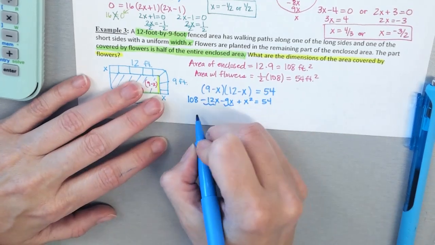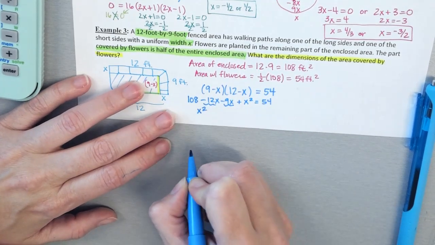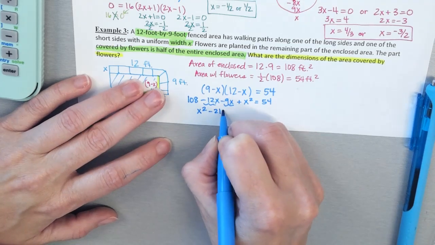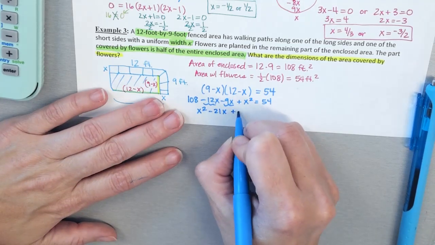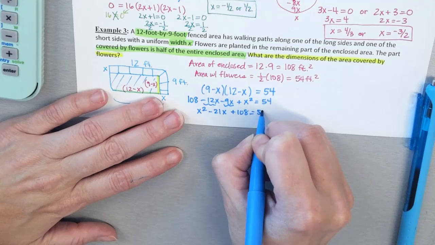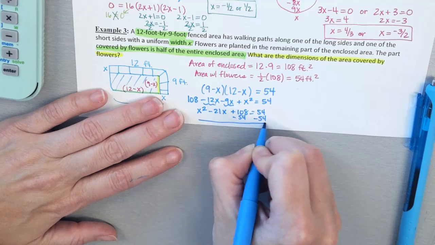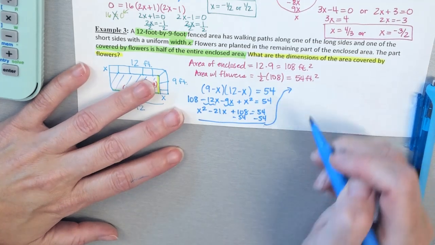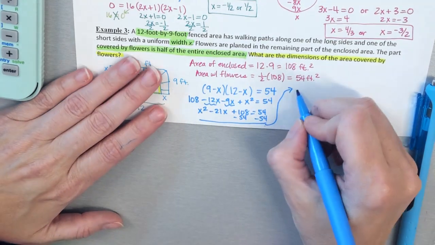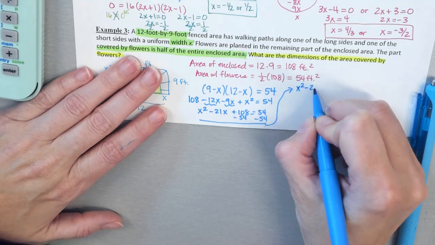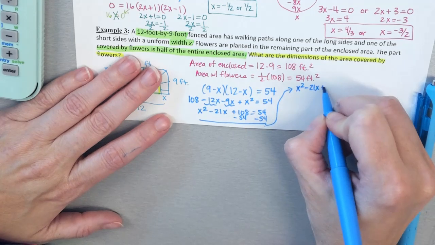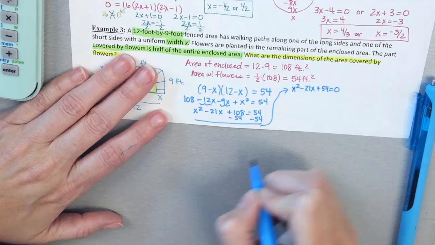Okay, and then what I would do is write this in standard form, so you end up with x squared minus 21x plus 108 equals 54, and then we want to get all the numbers on one side. So you have x squared minus 21x plus 54 equals 0.